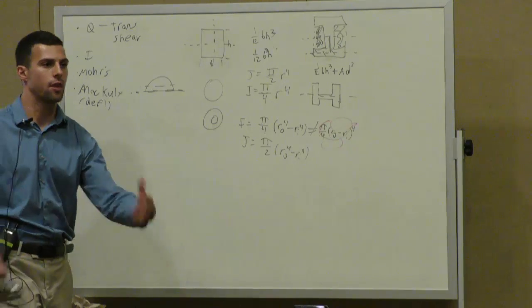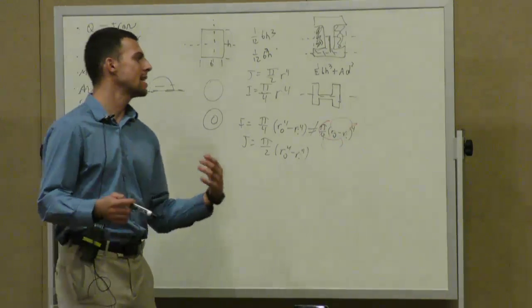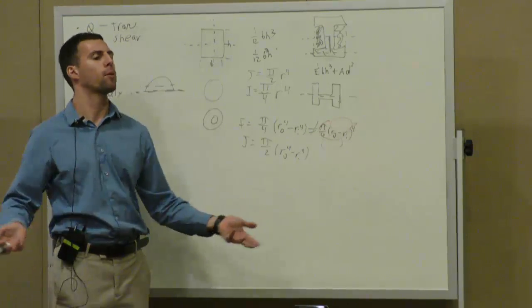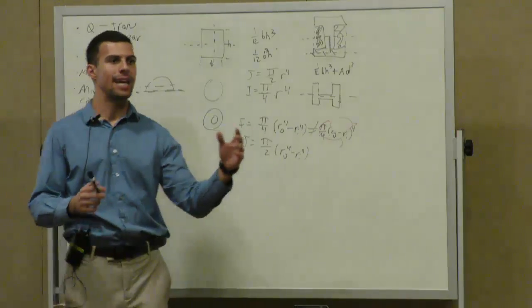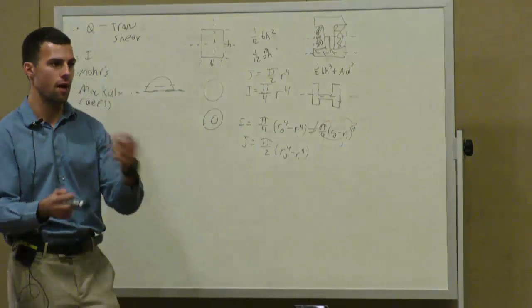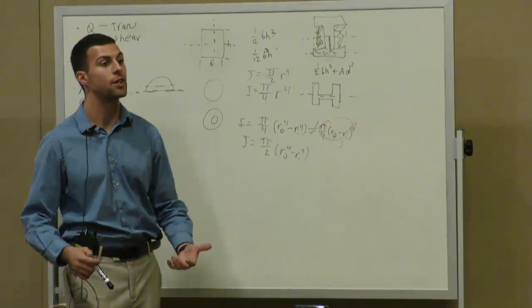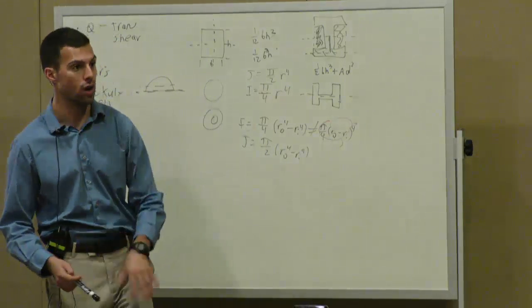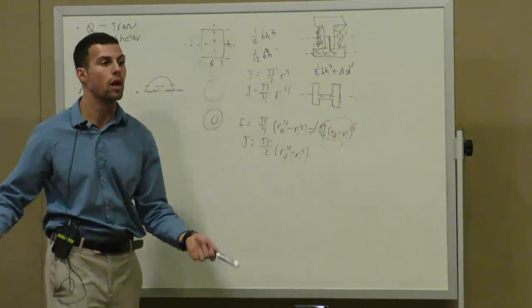So the law of superposition, what I mean when I say that, simply means that the overall property, whatever it is, is equal to the sum of that property for all the individual parts. Certain properties are subject to that, certain properties are not. Moment of inertia is one of those properties.